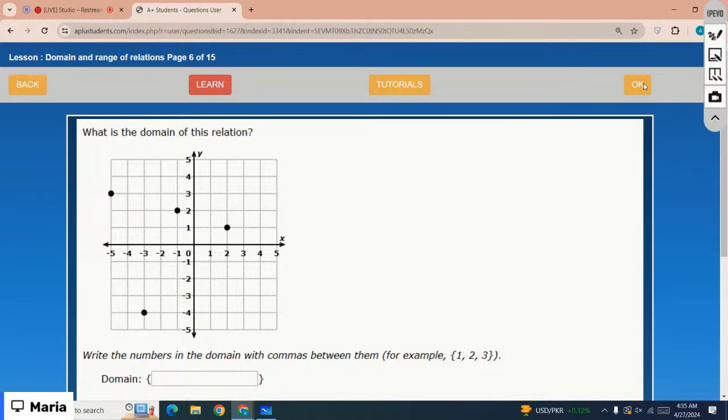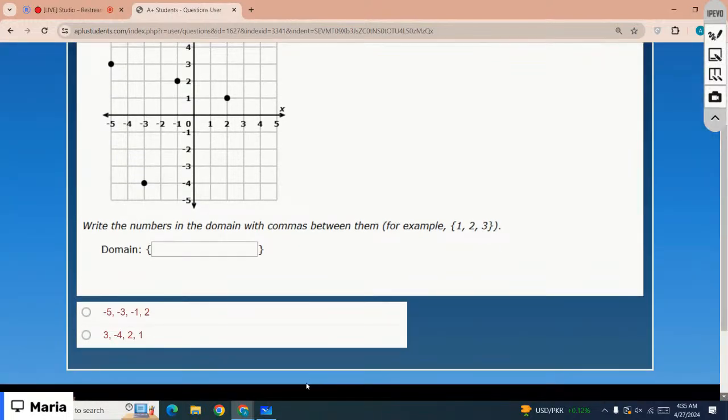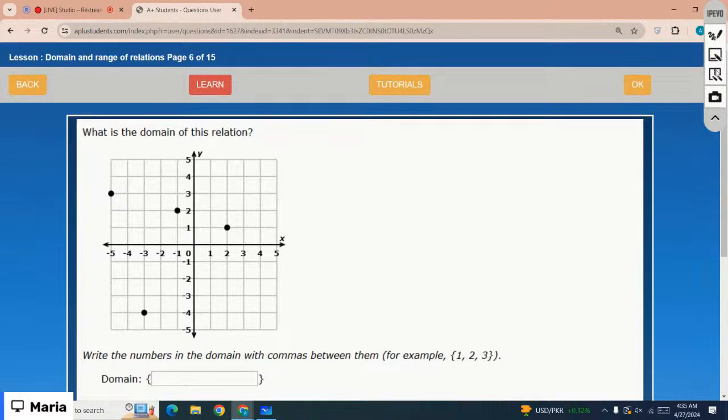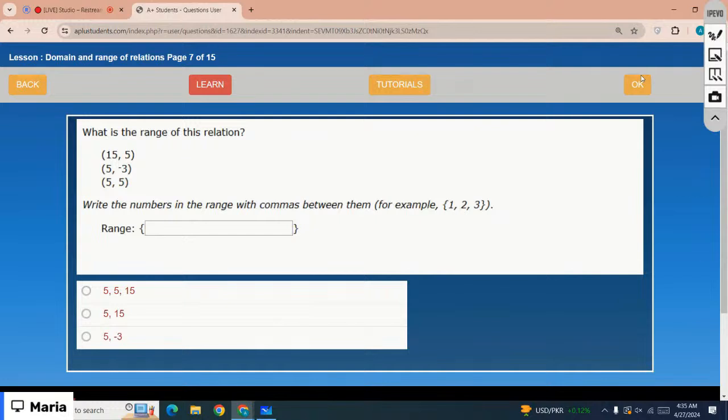That is negative 5, negative 3, negative 1 and 2. Option number 1 is the correct option, right? What is the range of the function? Which is the correct option?